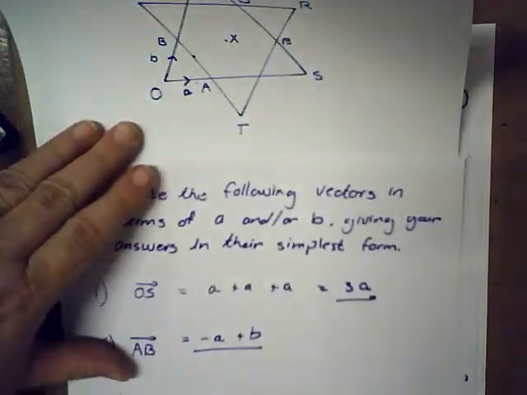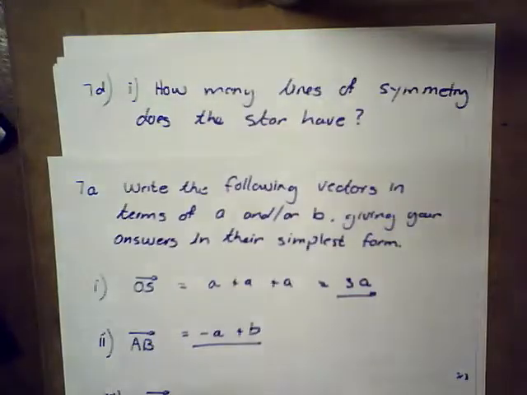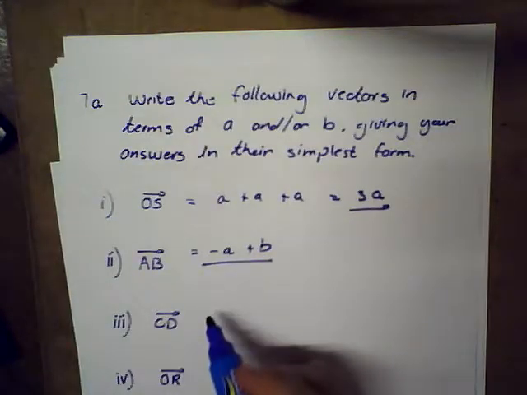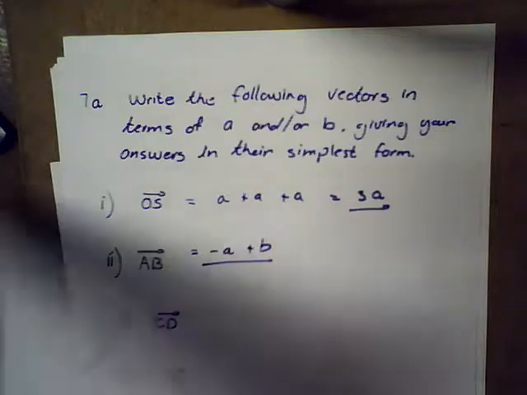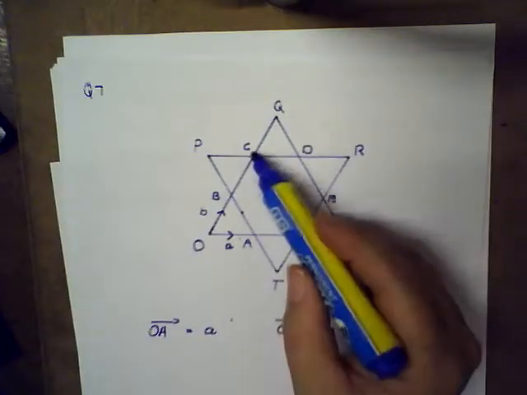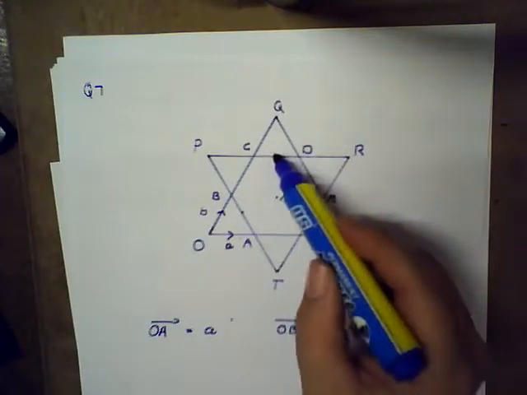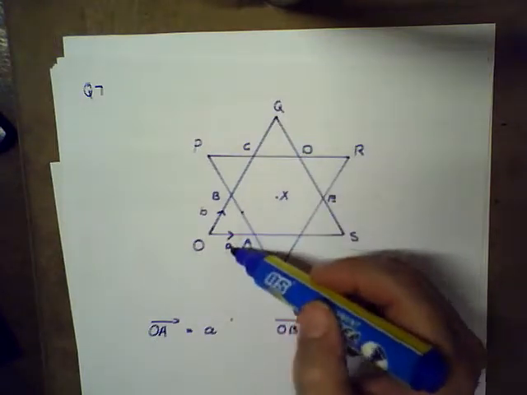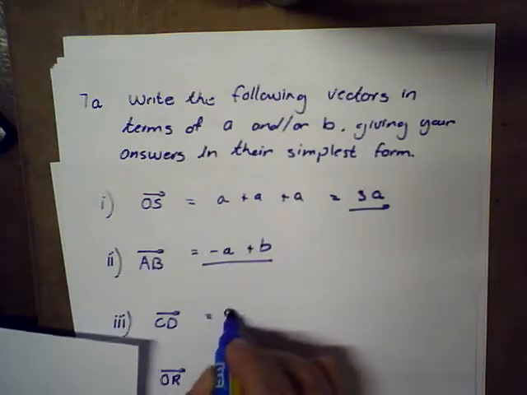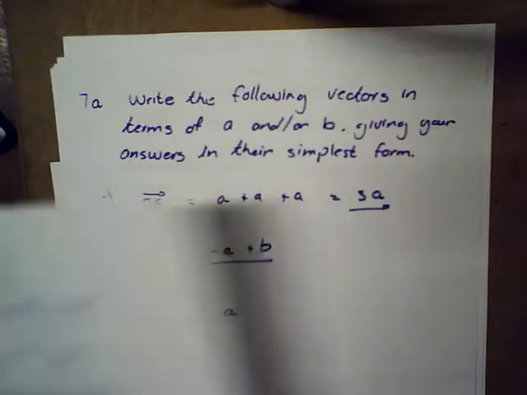Okay. The next one is CD. So I need to go from C to D, and that's the same thing as A. Okay, the next one is OR.